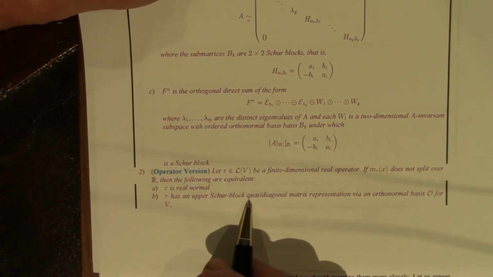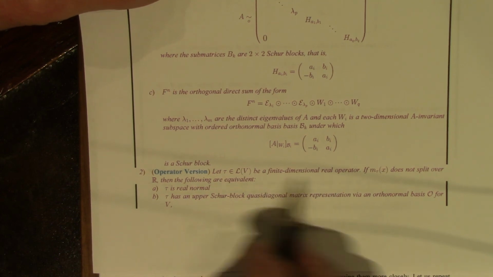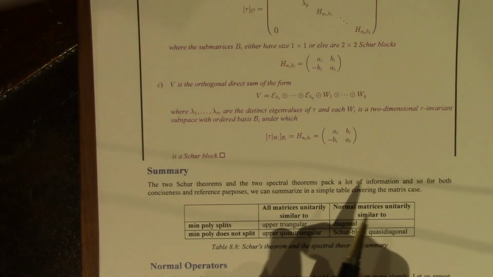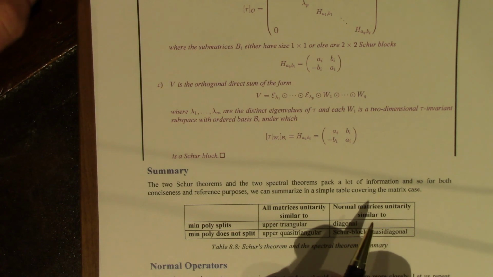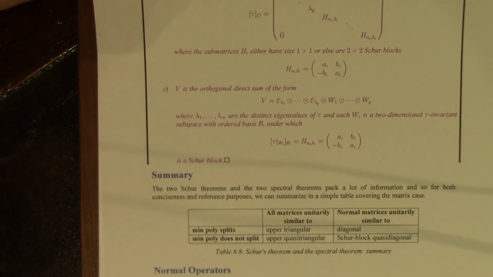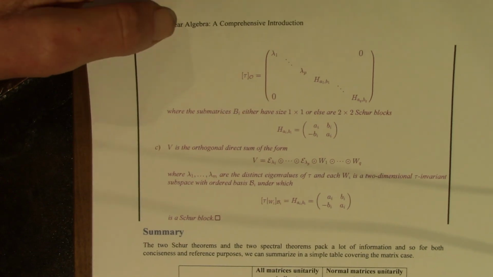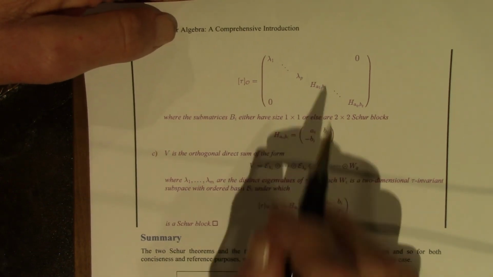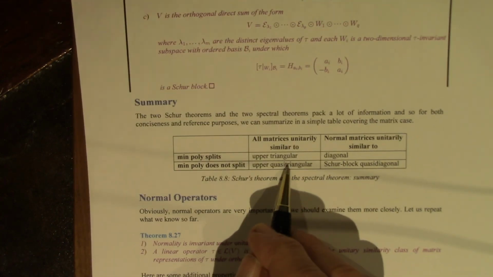Here's the operator version, which I won't go through now. It's the same thing, but we have to say the operator is represented by a Schur block quasi-diagonal matrix. Otherwise, it's the same. Here's the summary again.